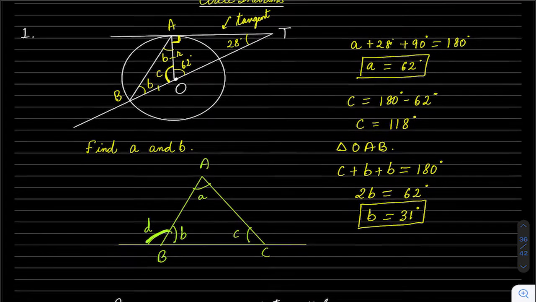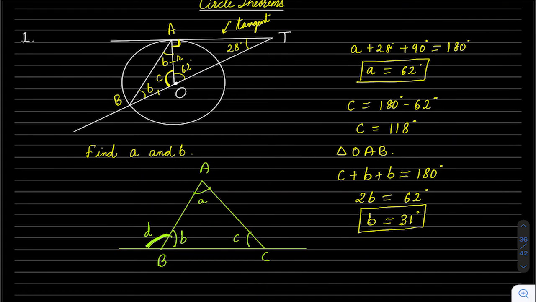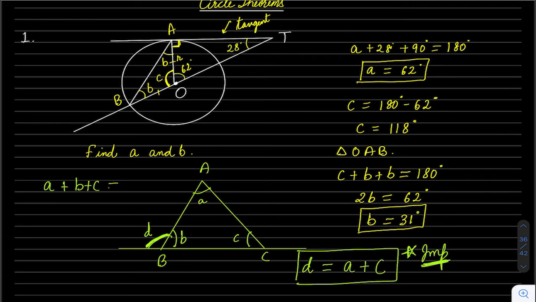So what happens is the external angle of a triangle is equal to the sum of the two internal angles. So it means basically in this triangle, we can say angle D is equal to angle A plus angle C. So you can say this also directly. So why is this? That's very easy because we know A plus B plus C is 180.